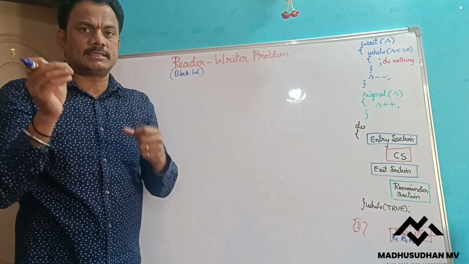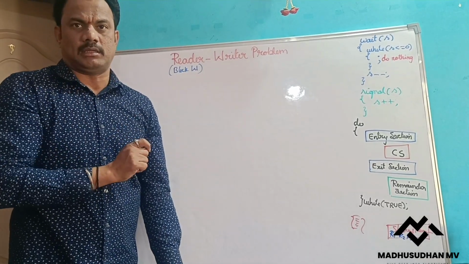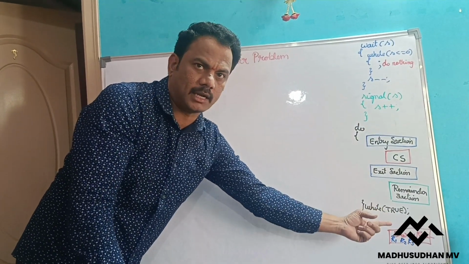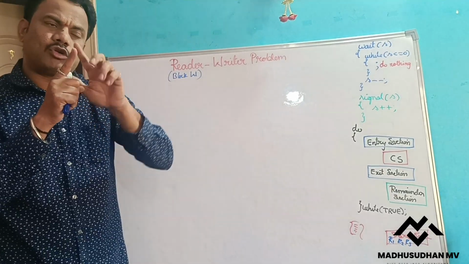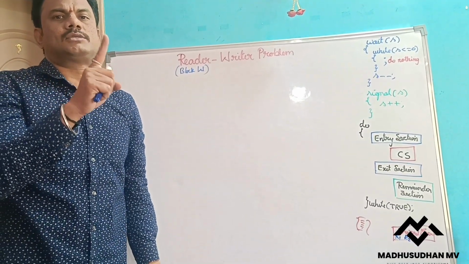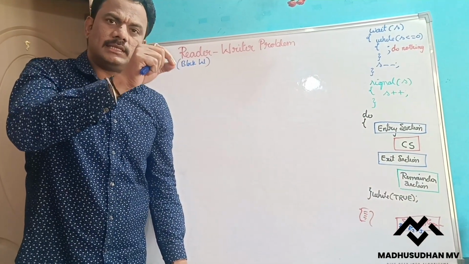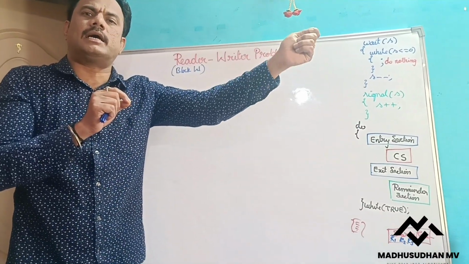A writer process is a cooperative process which is going to write something, that is, change, update, or modify the data. Since the writer is going to change the data, we should give it exclusive access. That means when any writer process is in the critical section, we should not allow any other reader or writer.